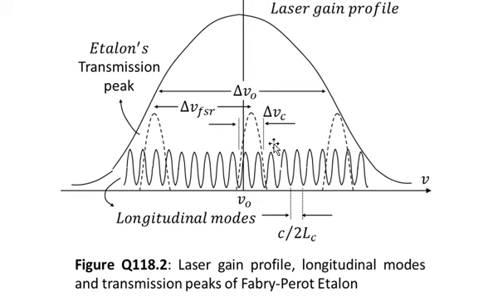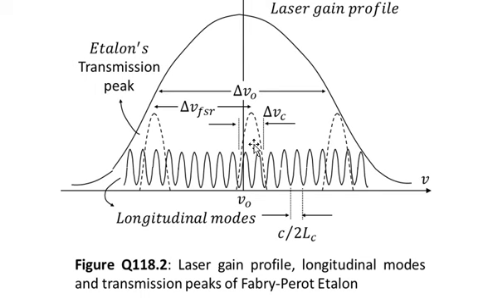The nu plus 1 will be lying outside this dotted peak, that is outside the transmission peak, because the separation delta nu between two consecutive longitudinal modes is greater than half of delta nu c. It means that the second longitudinal mode will be outside this transmission curve, and similarly nu minus 1 will be lying on the left of this transmission curve. So only the central longitudinal mode nu naught, aligned along the center of this transmission curve, will pass.